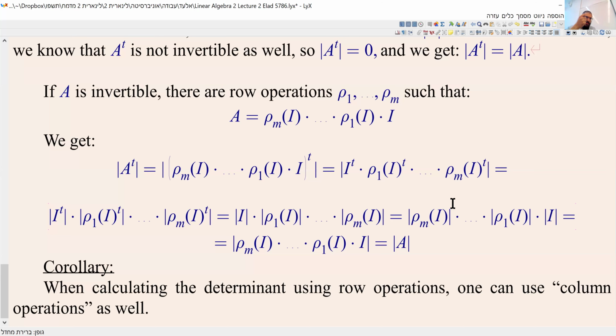The rows of A transpose are the columns of A. So we can take A and switch columns, multiply a column by some scalar, etc., because these column operations are actually row operations on A transpose. And when it comes to determinant, A transpose and A are the same. So that's one technical corollary I wanted to mention.